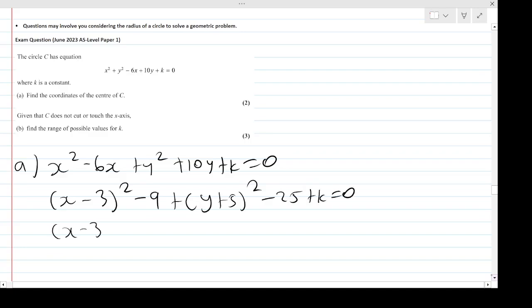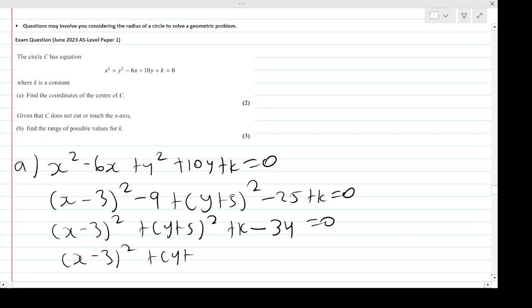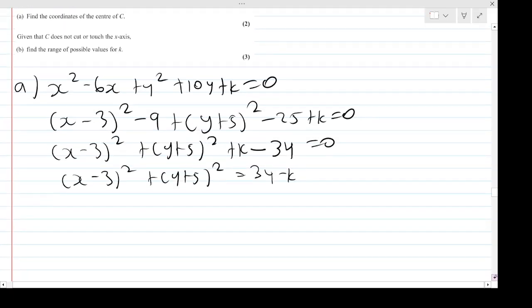Then we have x minus 3 all squared plus y plus 5 all squared, minus 9 minus 25 plus k. That's going to be plus k minus 34, I believe. Yes. And that's equal to 0. Therefore, x minus 3 all squared plus y plus 5 all squared equals, remove the numbers to the other side, plus 34 now, minus k, because obviously we flip the sign if we move it to the other side.